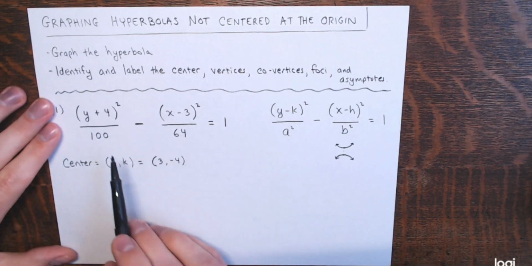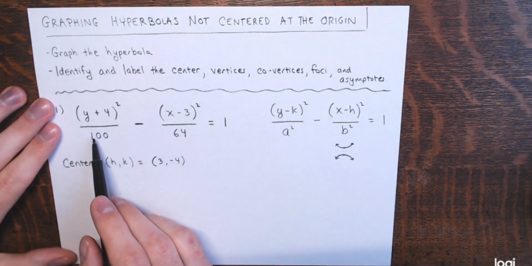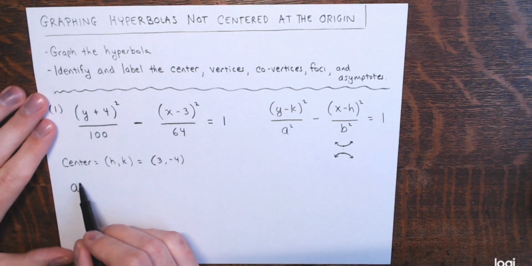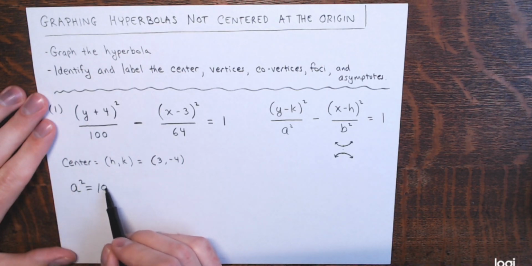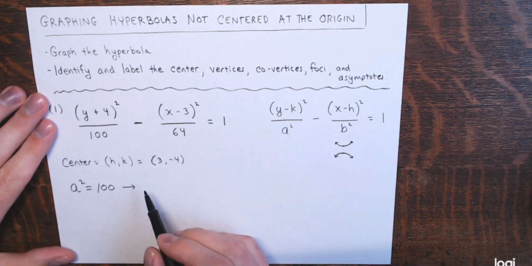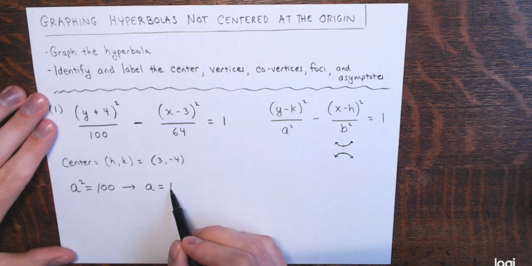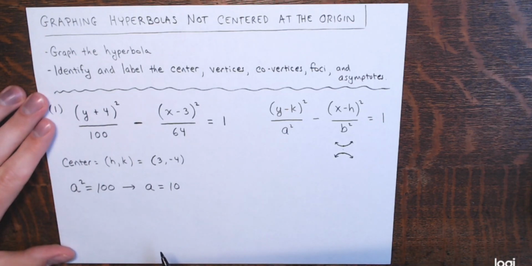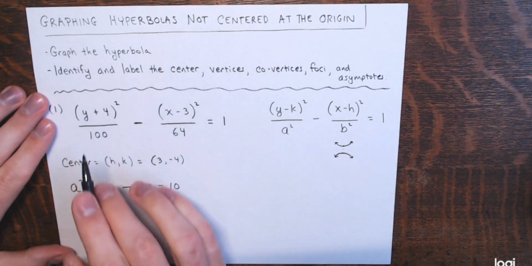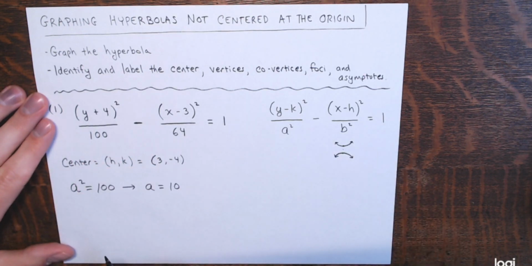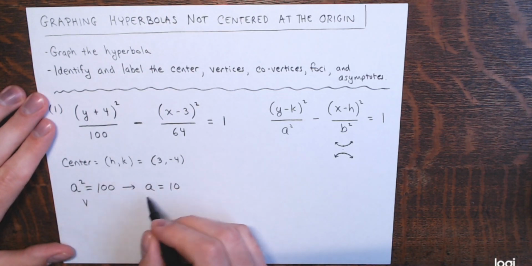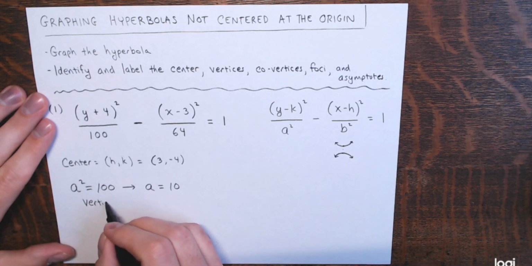All right, then under this first denominator, the denominator with the positive coefficient is 100. That's going to be the value of a squared. And if a squared is 100, then a is 10. And remember, the vertices are going to be above and below center. The transverse axis is vertical here with this leading y squared. So once we know the center and the value of a, you can then say where the vertices are going to be.